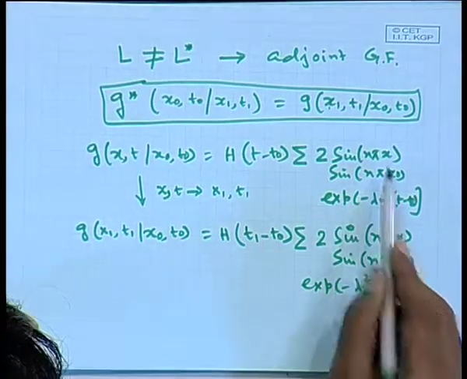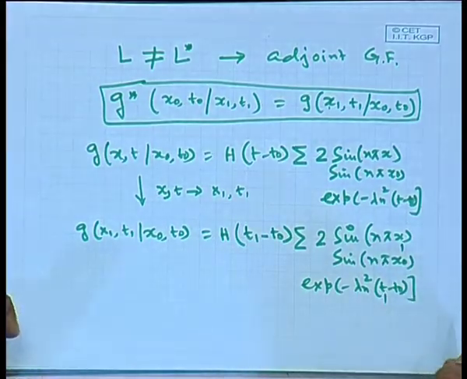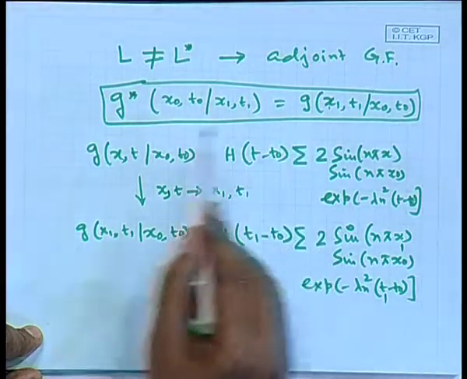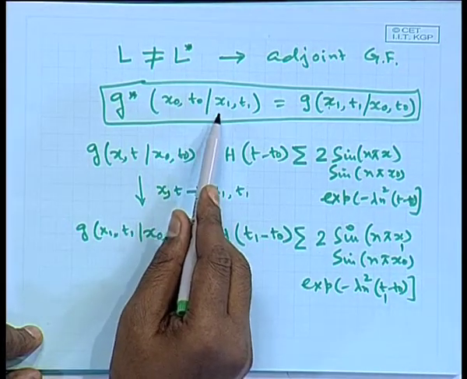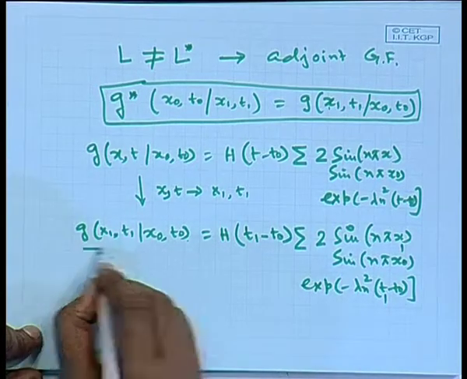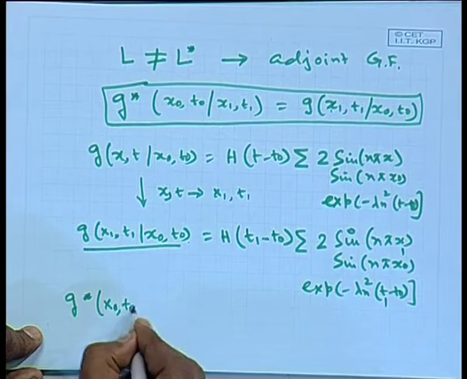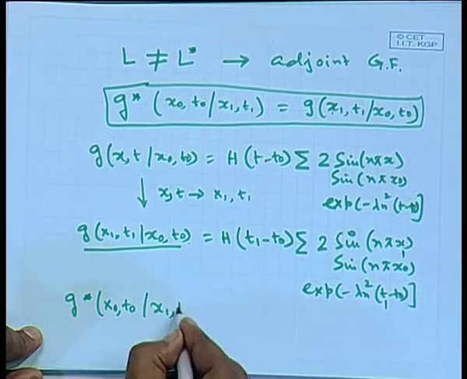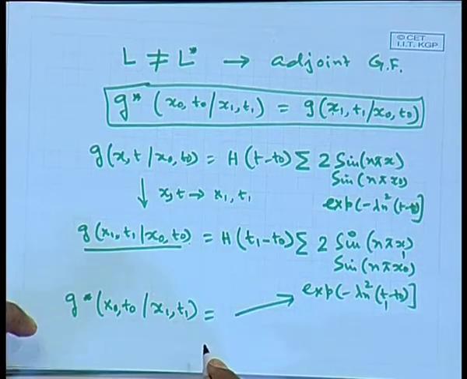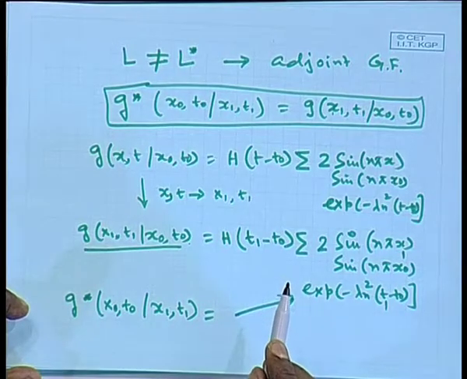So, x should be x1, t should be t1. Now, G x1 t1 x0 t0 should be equal to G star x0 t0 slash x1 t1. That means this same expression is replaced by G star x0 t0 slash x1 t1, because of this relationship.